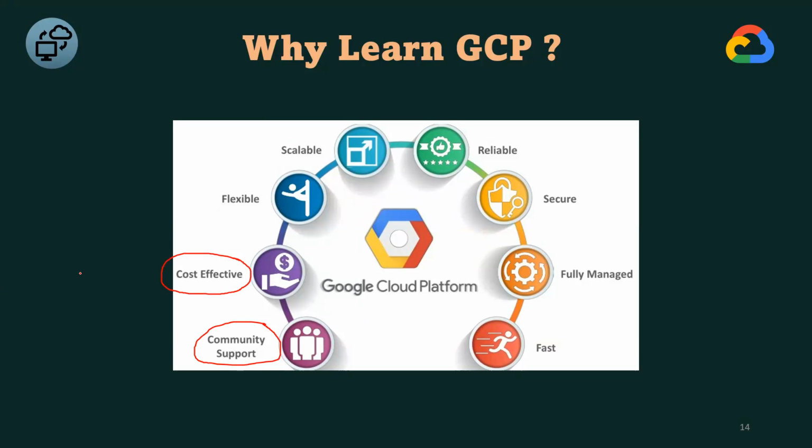And these services are flexible, scaling up and down you can do easily, reliable, secure, fully managed, nothing but serverless. The interface looks very simple and easy, and all the services work very fast, so you can use the Google Cloud Platform for your own organizations to build and deploy your applications in the cloud platform.